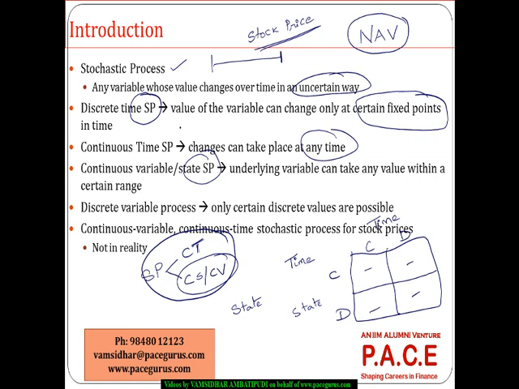Those kinds of values are not possible, but to be closer to practicality, we consider stock price changes as following a continuous time, continuous variable stochastic process.